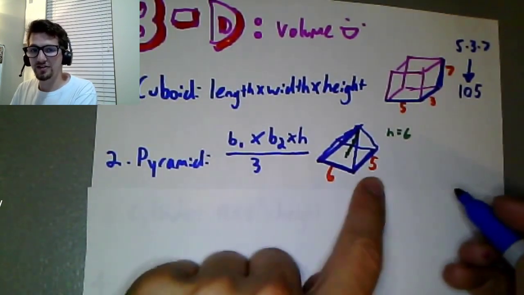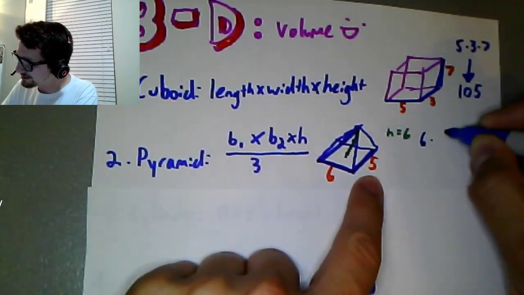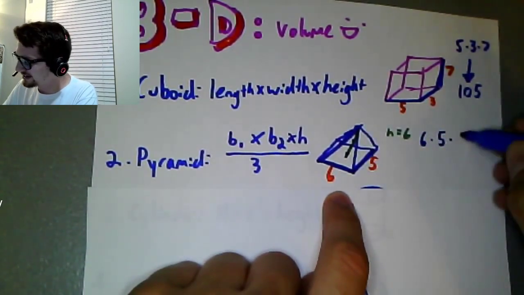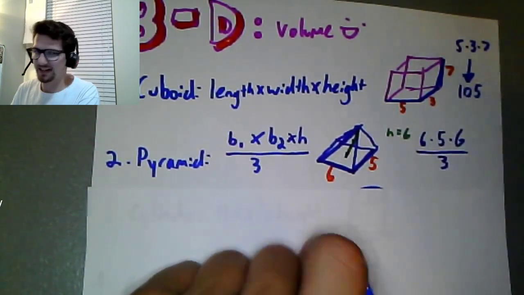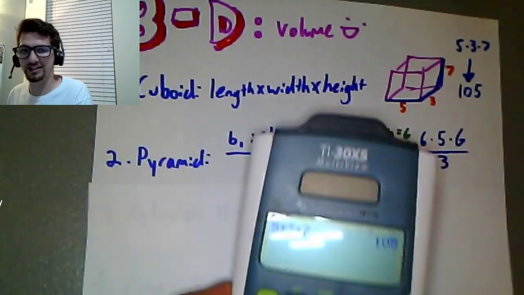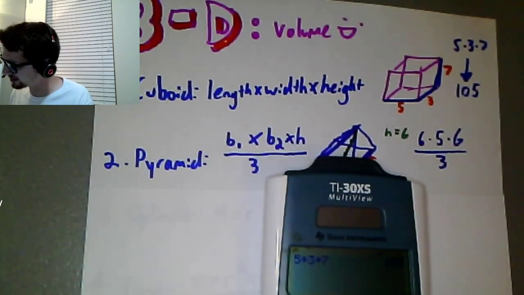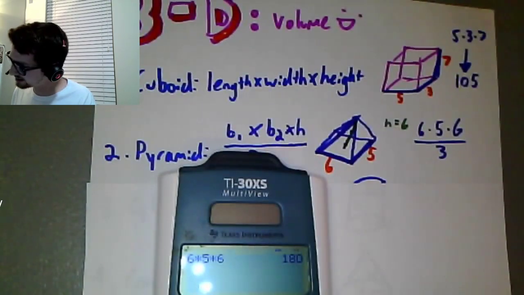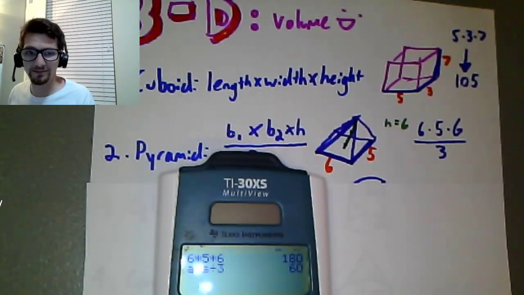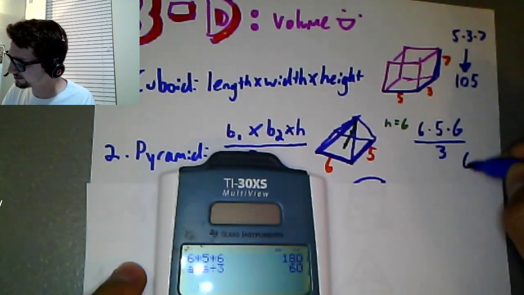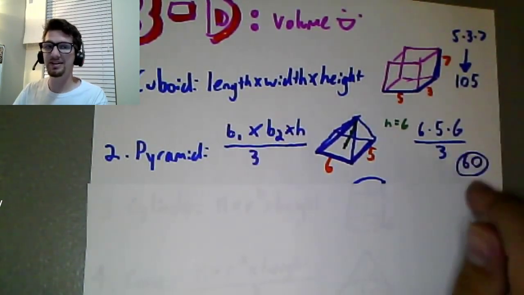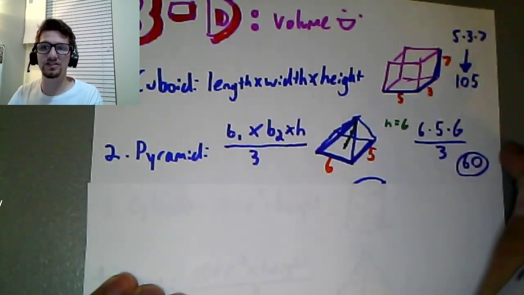So my two bases are 6 and 5, so that's 6 times 5. My height is 6. I couldn't fit it in there. All divided by 3. And that should give me my area, or I'm sorry, my volume. So 6 times 5 times 6 gives me 180. That divided by 3 gives me 60. Hooray. There's a pyramid. Pause if I'm moving quickly and you need to copy.